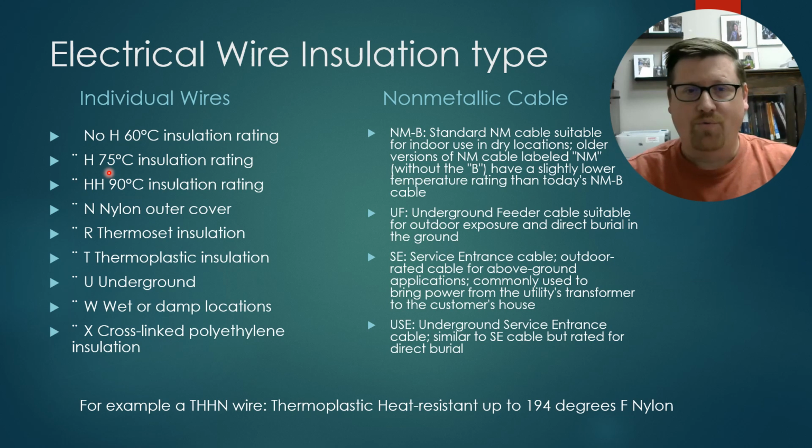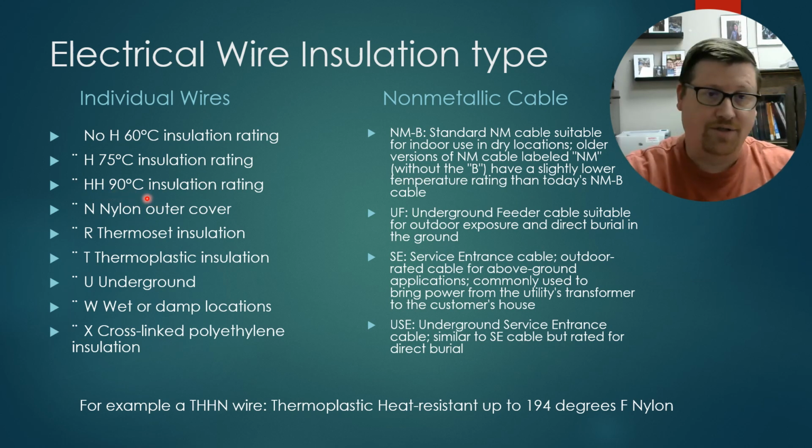So when we're choosing wire size, we have to choose it based on the amperage running through it and the temperature of the surroundings, and make sure that wire is going to be sufficient. We also have high heat wire, which is good for 90 degrees Celsius.